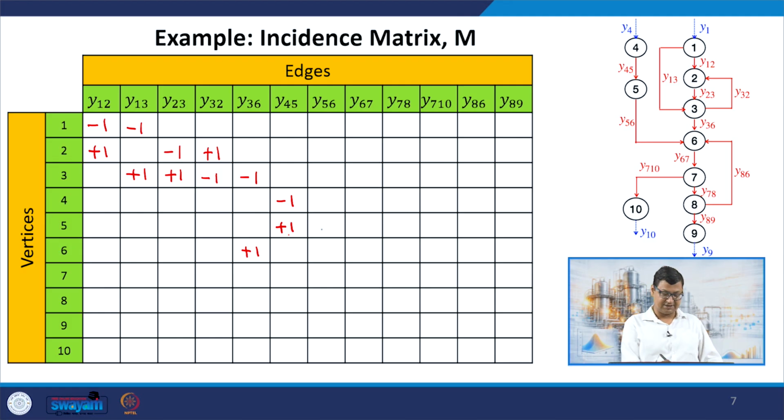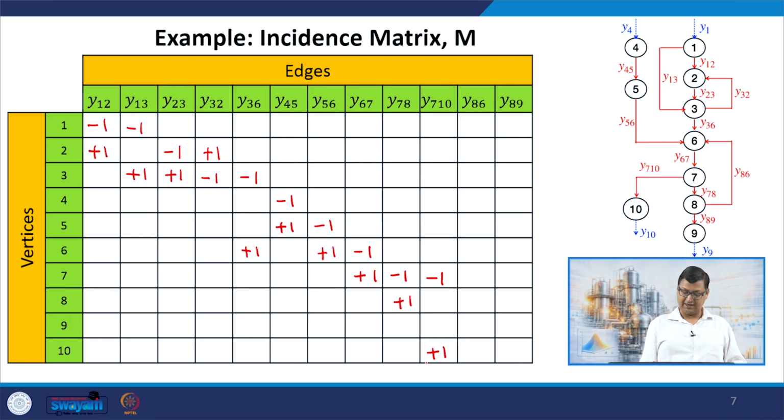For y56, -1 for 5, +1 for 6. Similarly, for y67, -1 for 6, +1 for 7, and y78, -1 for 7, +1 at 8. For y710, -1 for 7, +1 for 10. For y86, -1 for 8 and +1 for 6, and y89, -1 for 8 and +1 for 9.